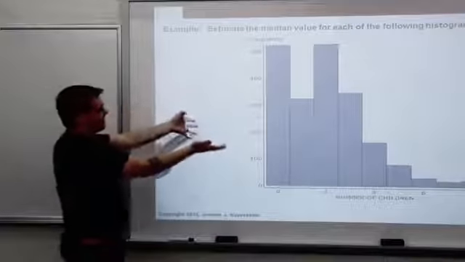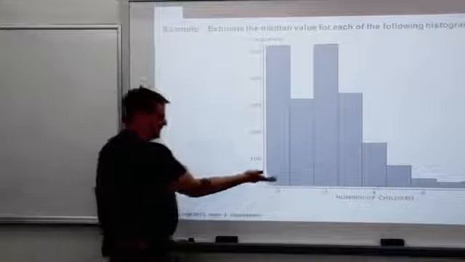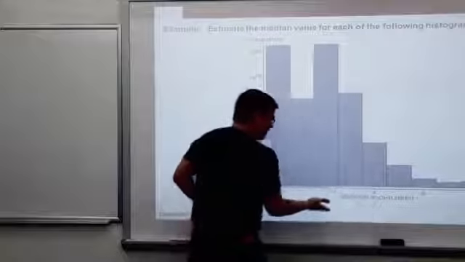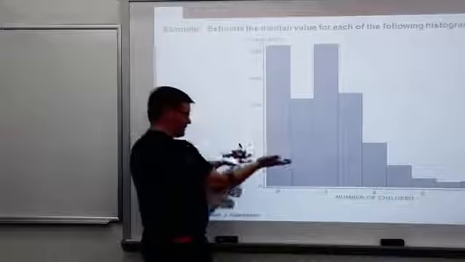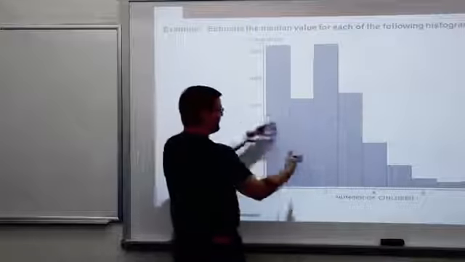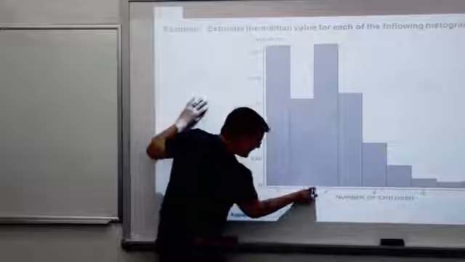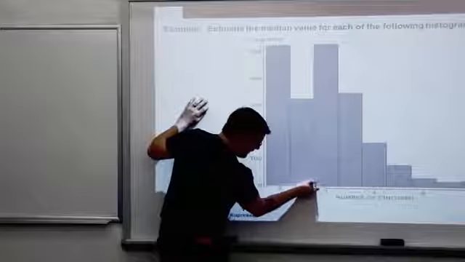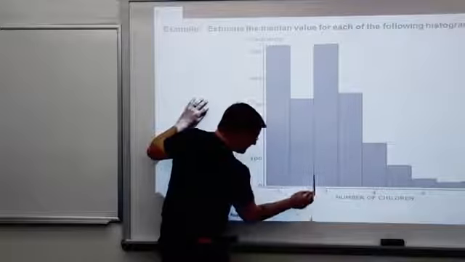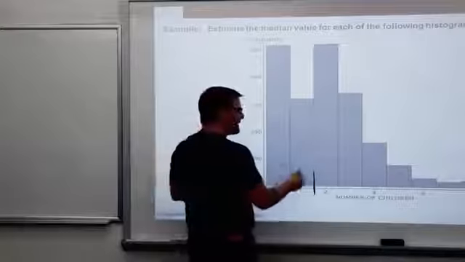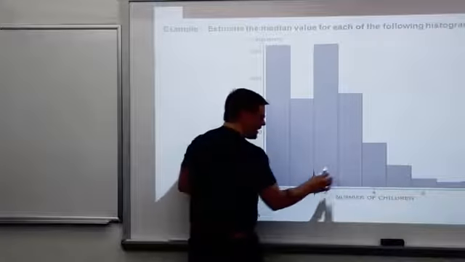Estimate the median for each of the following histograms. Number of children from the General Social Survey. I'm trying to split the blue bars into equal pieces. If I went right here at the split between the rectangles, that's not far enough right.